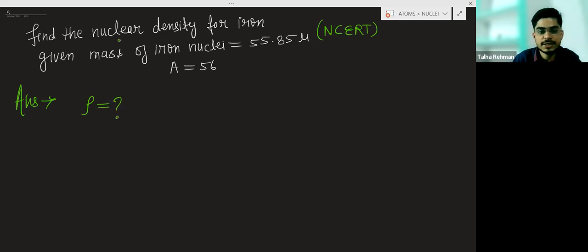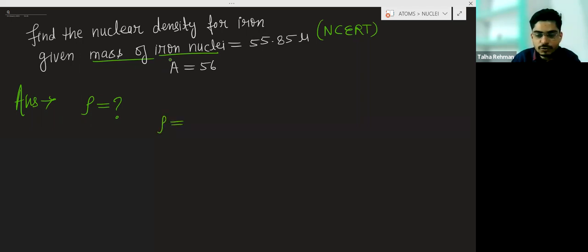Rho is the nuclear density. Given, the mass of the iron is 55.85 mu. Mu means AMU. And the mass number is also given. A is the mass number. Now we can calculate the density.